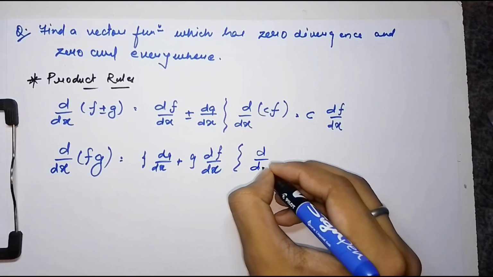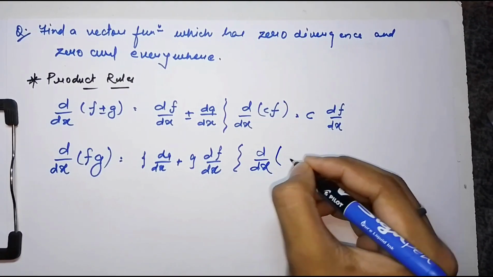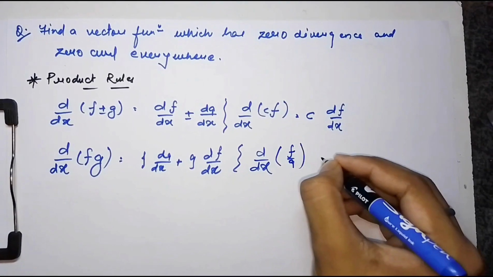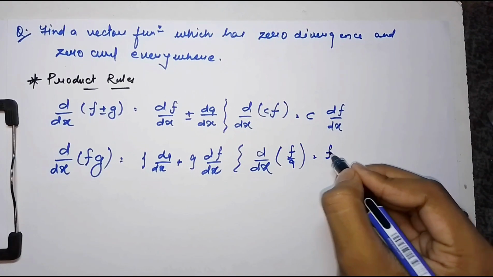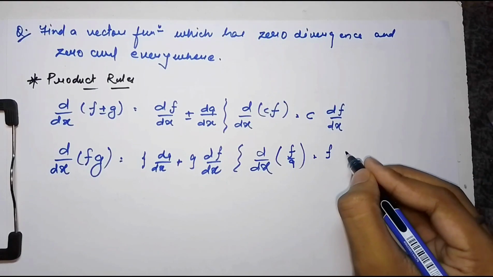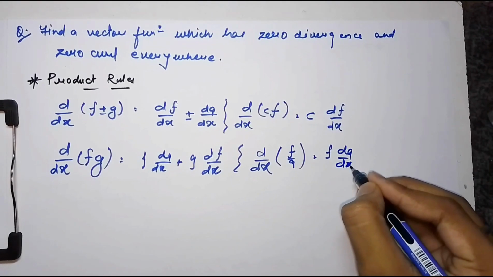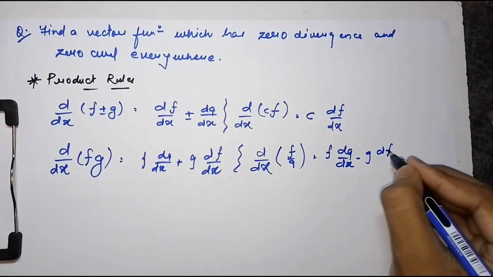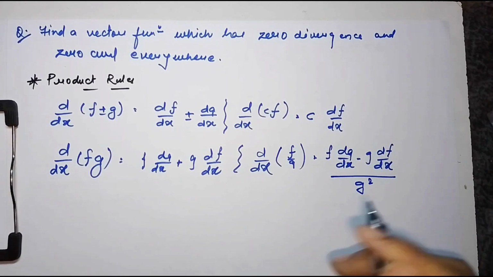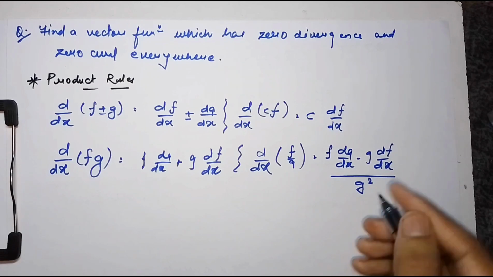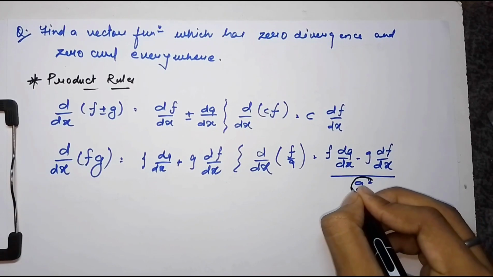So, d upon dx of some function f divided by g. How would we find the derivative of this particular function? We would do g df upon dx minus f dg upon dx, divided by g square. So, keep this in mind. This is something which you must keep in your mind.